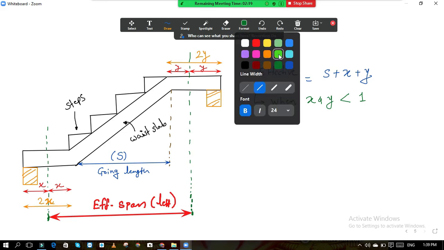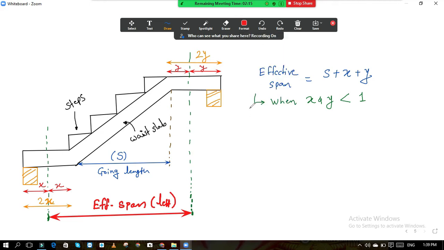Here I will continue further. If your x and y are more than 1, then take it as 1.